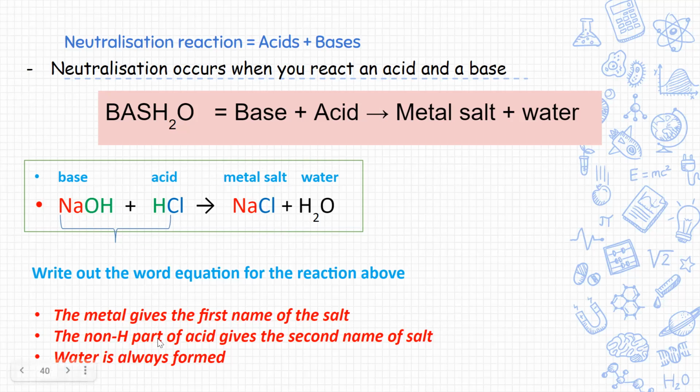The non-hydrogen part of the acid gives the second name of the salt. Okay, Cl, chloride, so sodium from the base, and then chloride is the sodium chloride. And water is also always produced from that reaction.